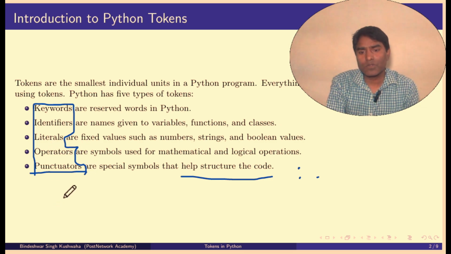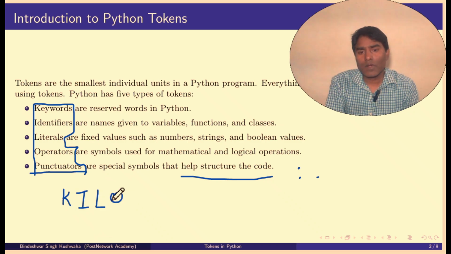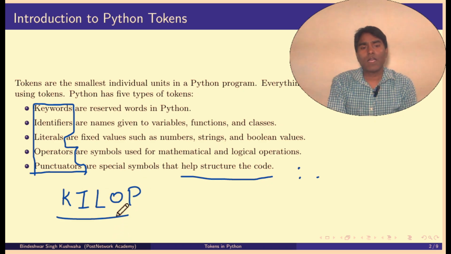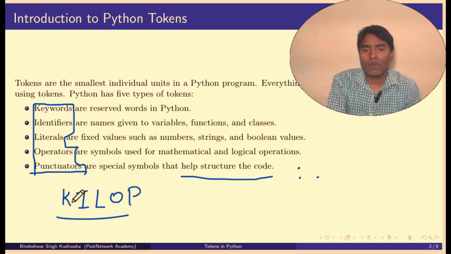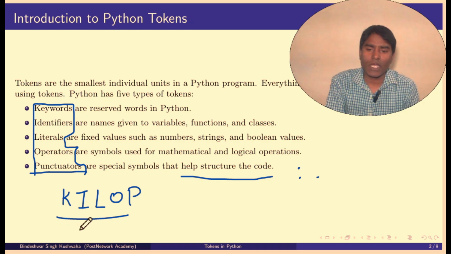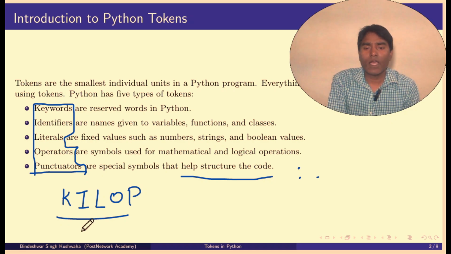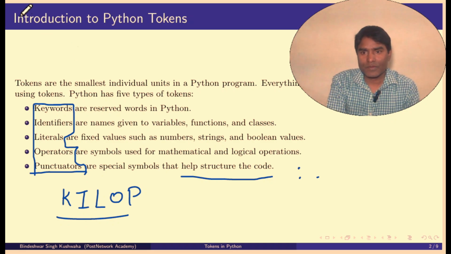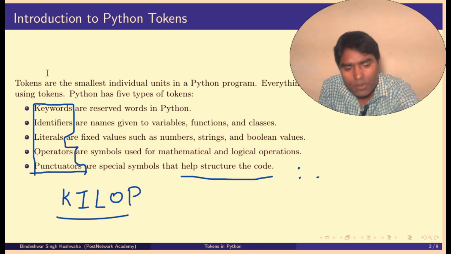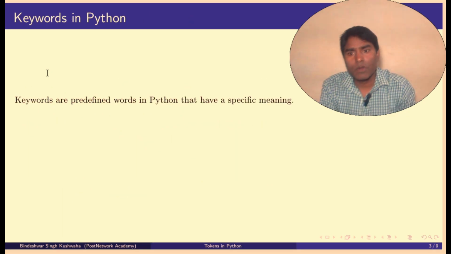You can also use the shortcut KILOP. I will not recommend you to remember it, but K means keywords, I means identifiers, L means literals, O means operators, and P means punctuators. Let us see them separately one by one.